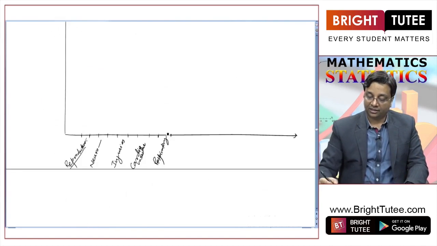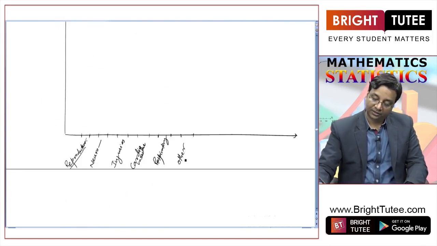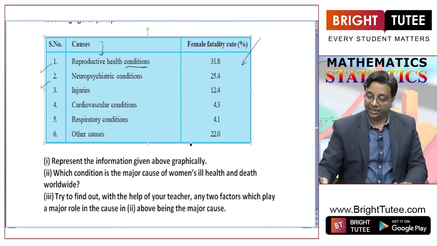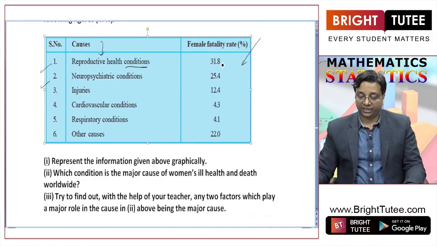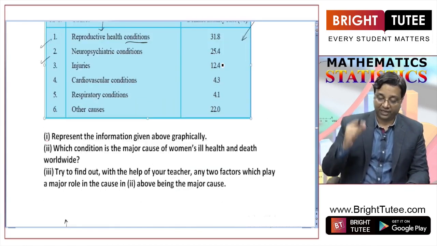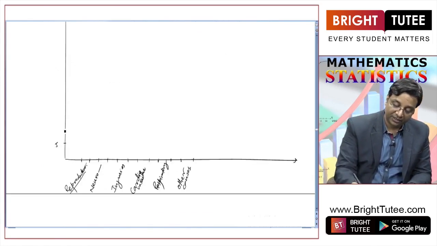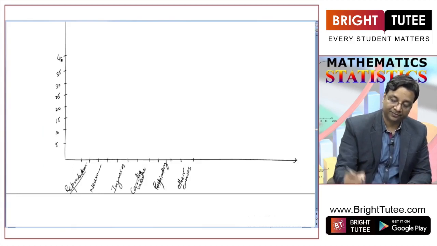And the next one is other causes. The percentages I require up to 31.8. So let me represent this with gaps of 5 each. Okay, so let me mark it 5 here, then 10, 15, 20, 25, 30, 35, 40.